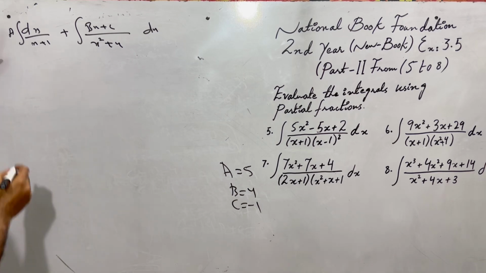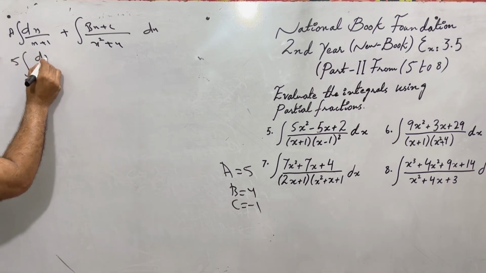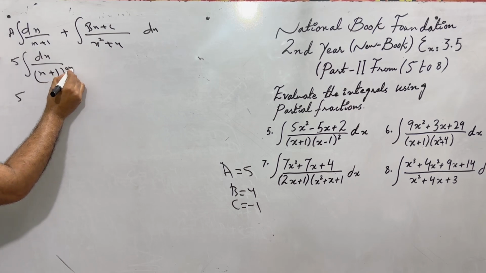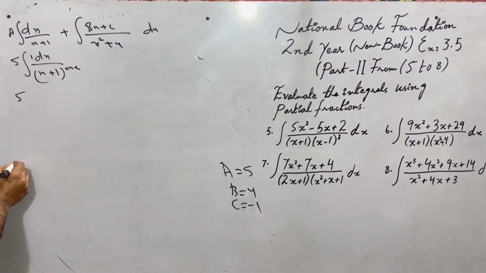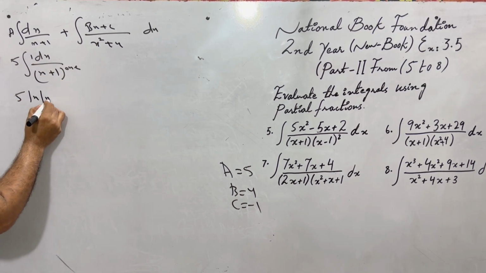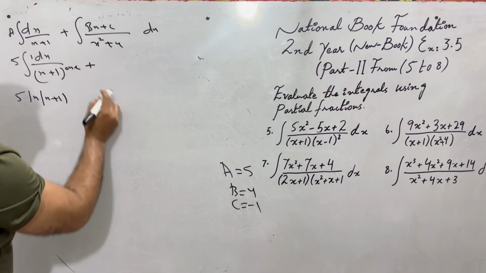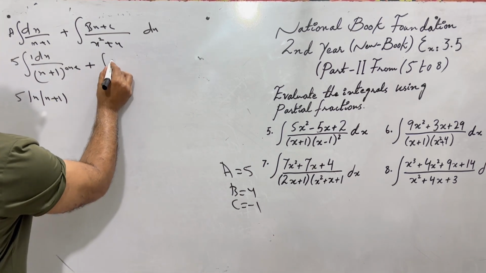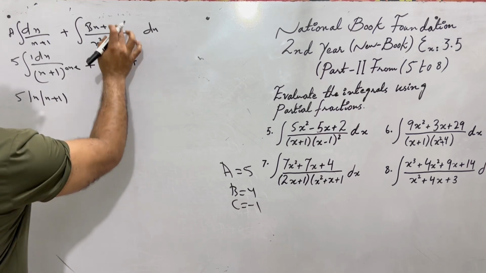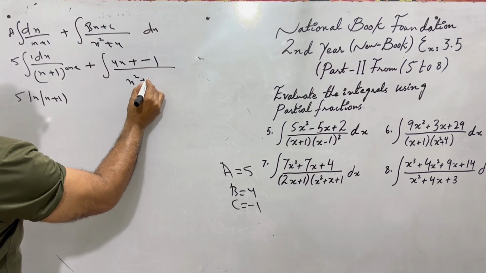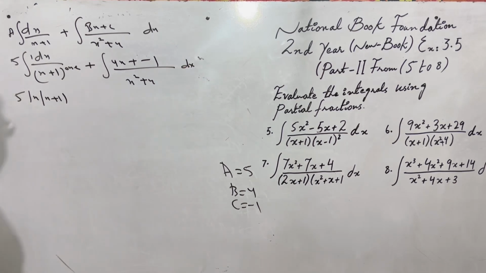The value of a is 5. Integrating dx over x plus 1, it is a function to the overall power 1 with its derivative in the numerator, so 5 times ln x plus 1. We have done with this. What about this? The value of b is 4, so 4x plus the value of c, minus 1, overall x square plus 4 dx.